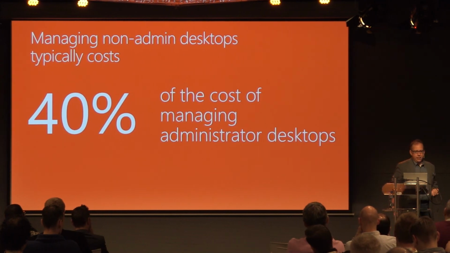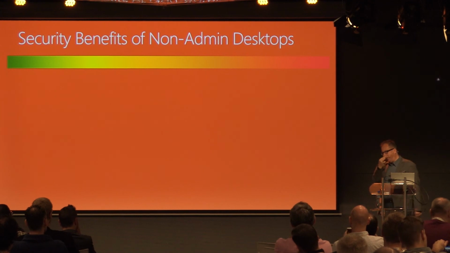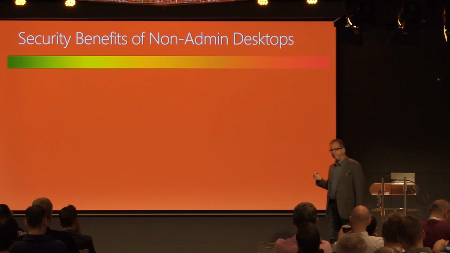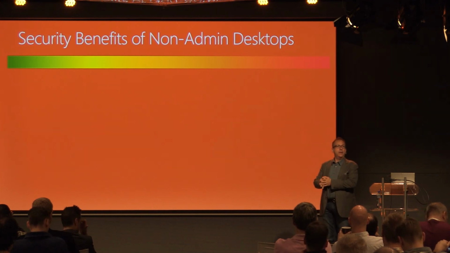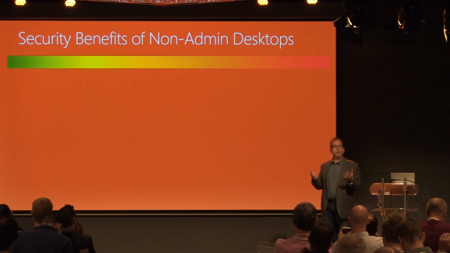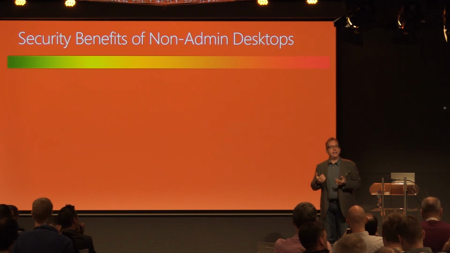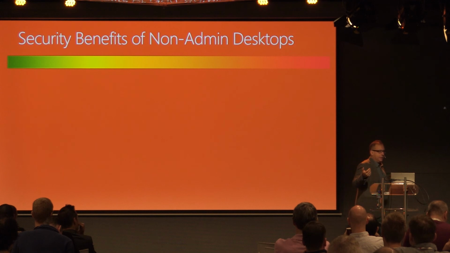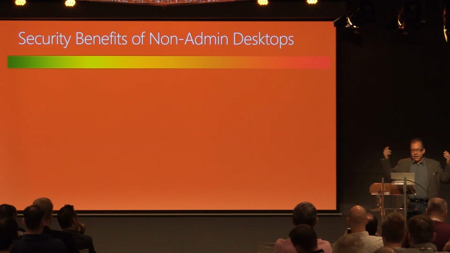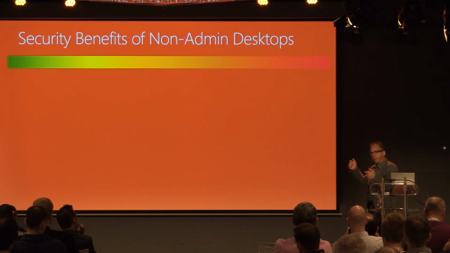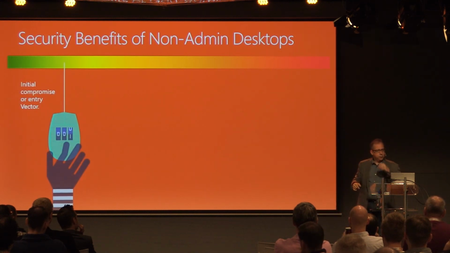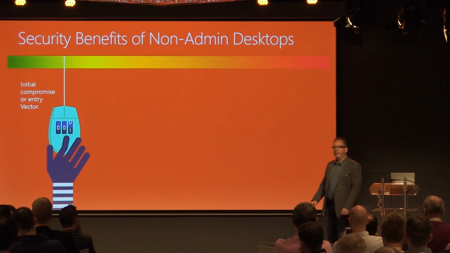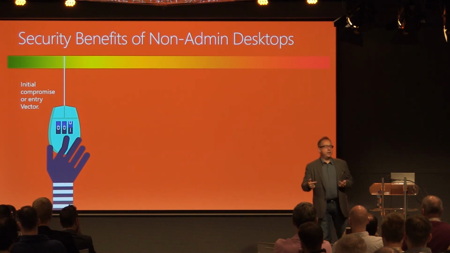When we talk about it from a security perspective, if I have a non-admin desktop, I can prevent a lot of end-user breaches. What is the typical route that people use when they are trying to capture identity across an organization? They get onto an end-user desktop, and from that desktop, what they'll do is, you know what, I'm going to get you to run some code, and that code is going to try and capture things.